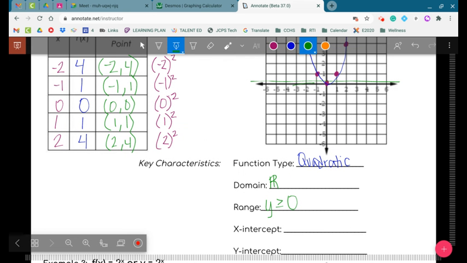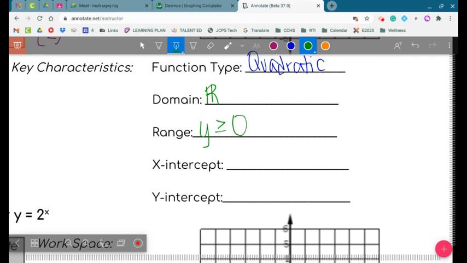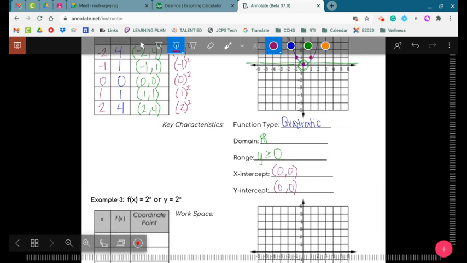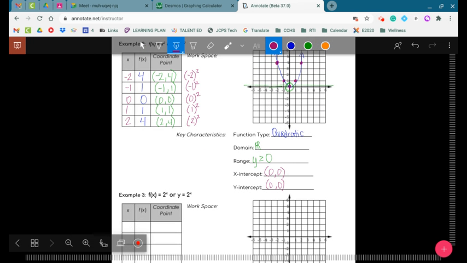And then our x and y-intercept, this is where it crosses at both. So it's going to be 0, 0, and 0, 0. Okay, let me know if you guys have any questions on that.